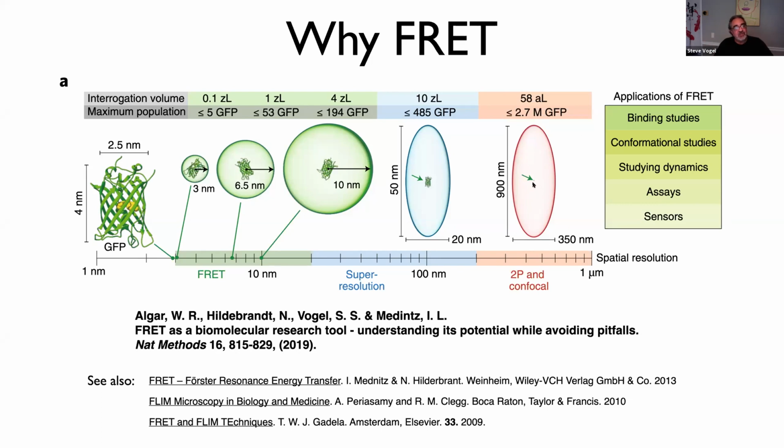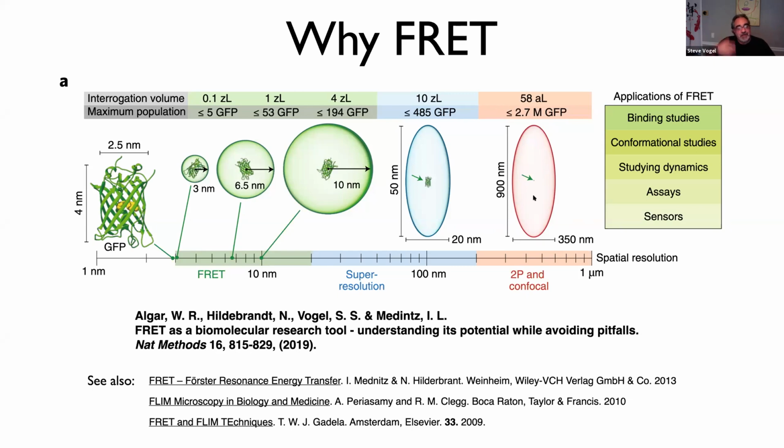That represents like 1 GFP molecule. So it gives you an idea that when we use, let's say, 2-photon microscopy, many GFPs might be able to fit into this spot, right? As a matter of fact, the number is about 2.7 million that can fit into this spot, right?